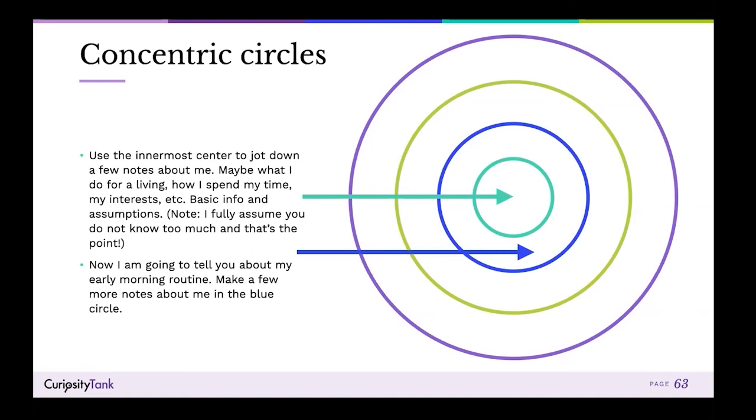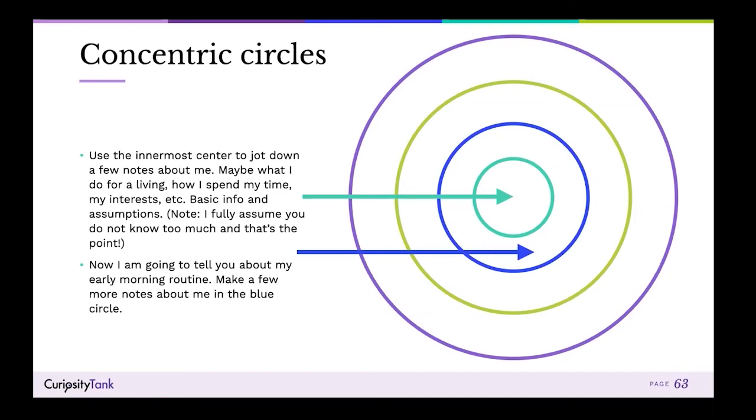Now I'm going to tell you about my early morning routine today. And I'd like for you to make a few more notes about me in the blue circle. So I woke up at around 5:30 a.m. Pacific time, and I read in bed for a while. And then I started the coffee maker, and then I jumped in the shower, and I came out, I got dressed, had my coffee and a little bit of breakfast.